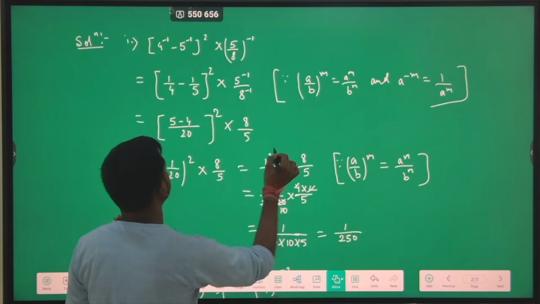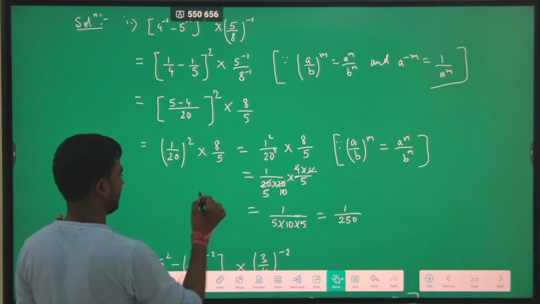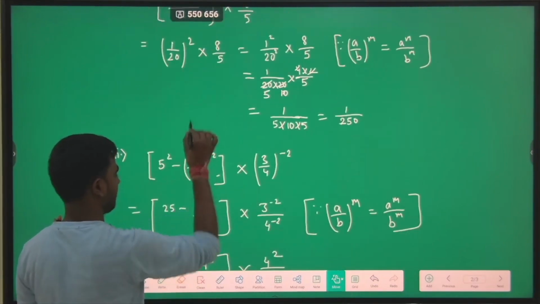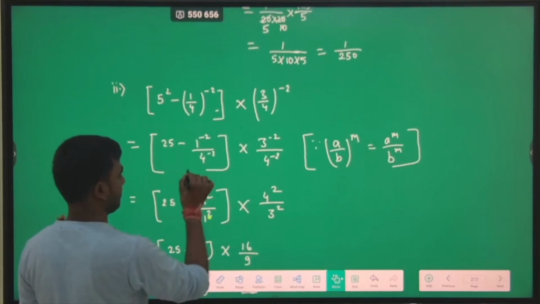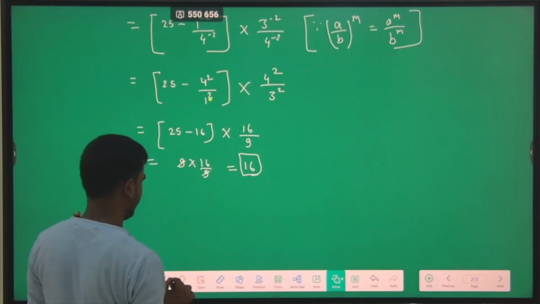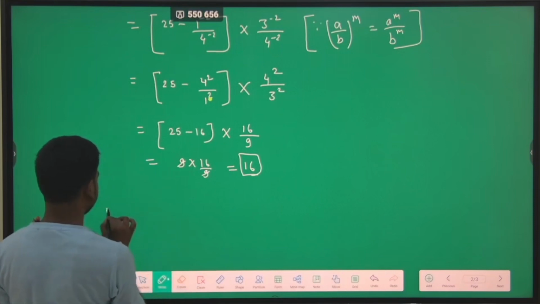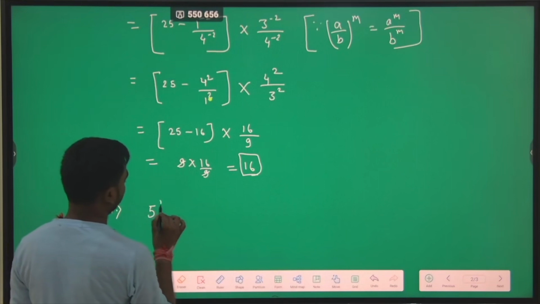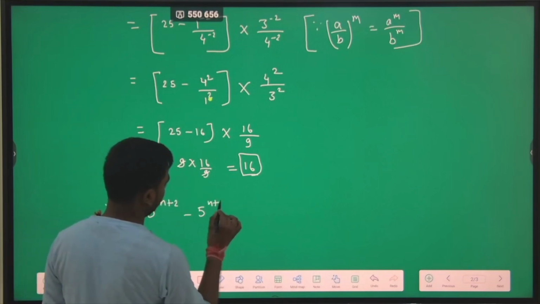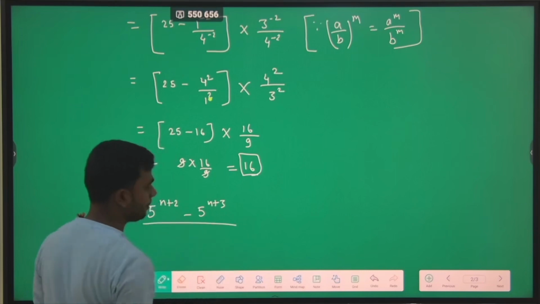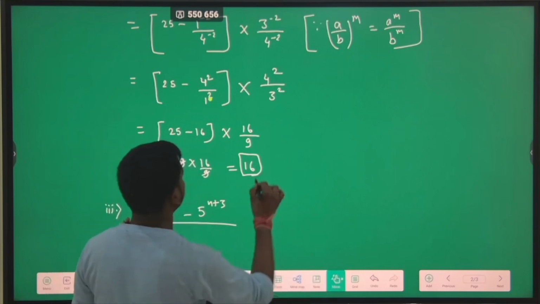So our question is 5 to the power n plus 2 minus 5 to the power n plus 1 whole divided by 5 to the power n plus 3.